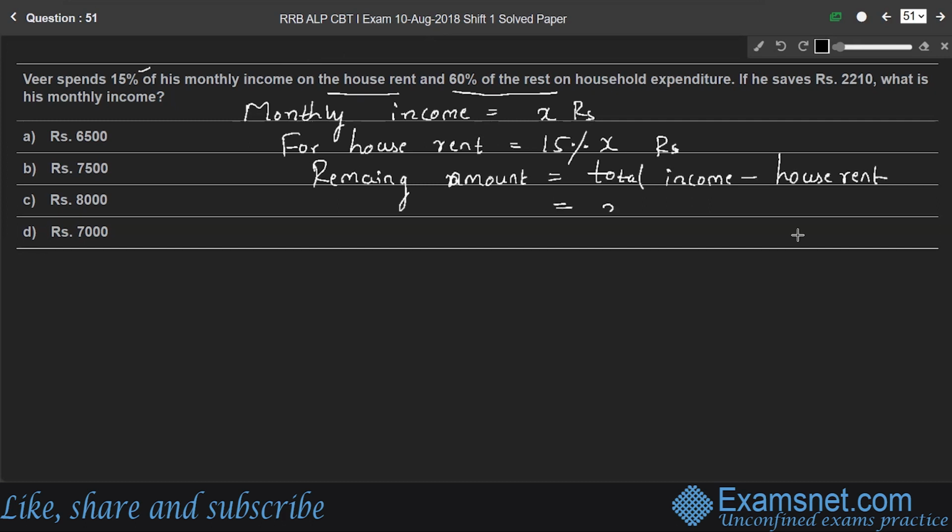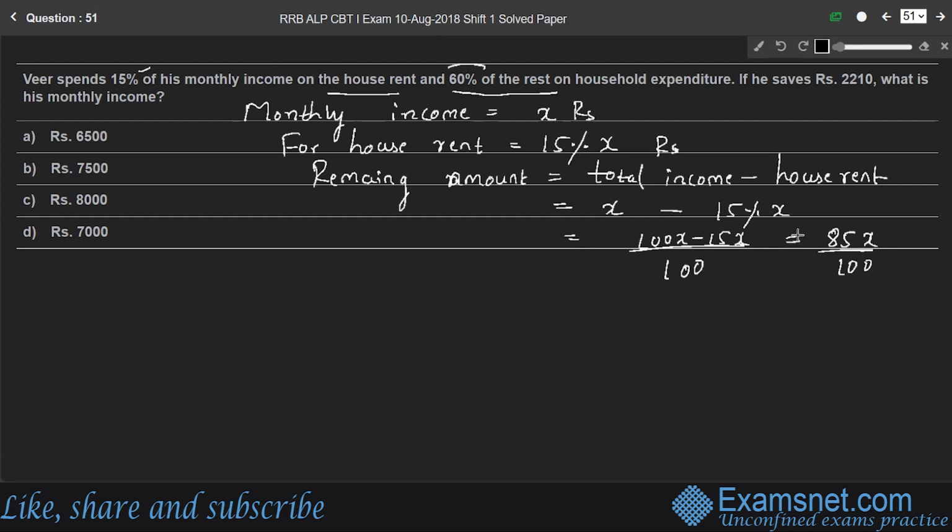So total income, according to our assumption, is X rupees minus 15% of X, right? So 15% means 15 by 100. So we'll take 100 as LCM. So 100X minus 15X, which is 85X by 100. 85% of his total income is remaining now, right?